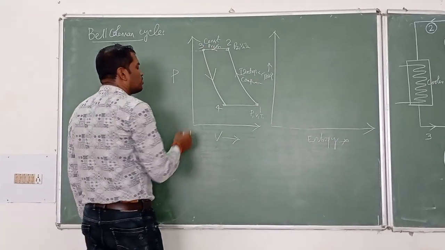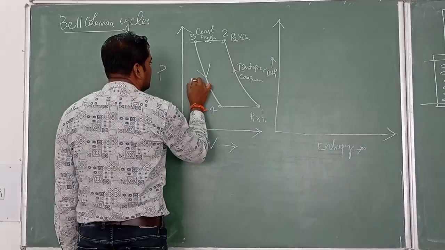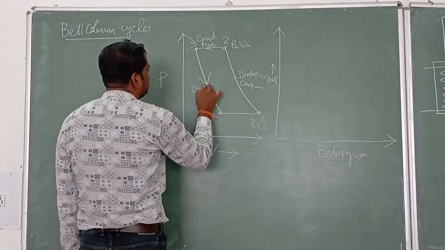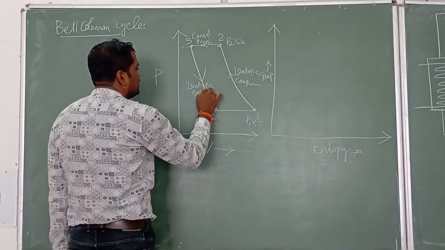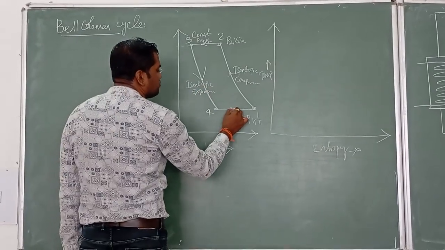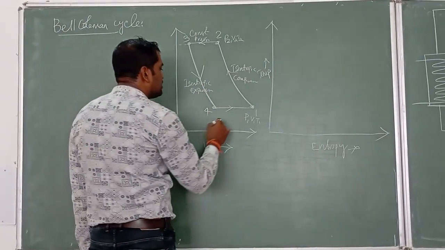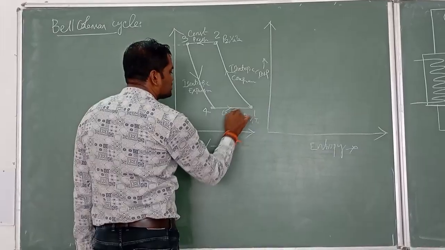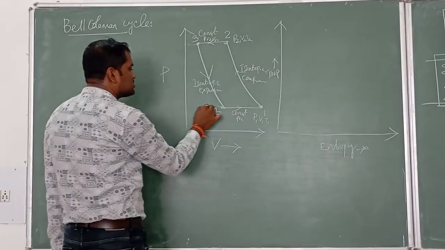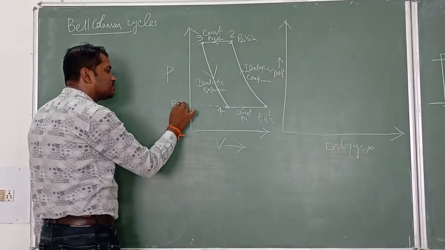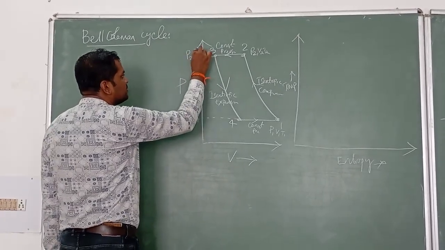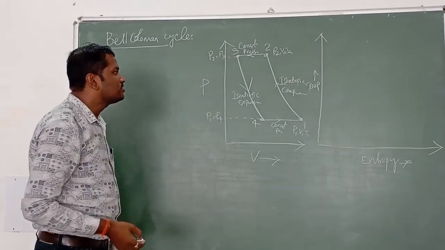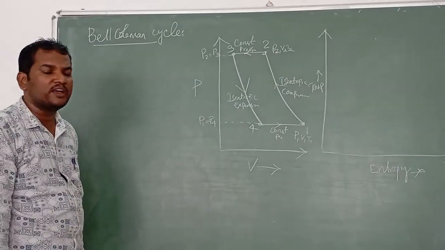Then 3 to 4 is an isentropic expansion process. Then 4 to 1 is a constant pressure process. So P1 is equal to P4, and P2 is equal to P3. So 1, 2, 3, 4 is the pressure versus volume diagram.